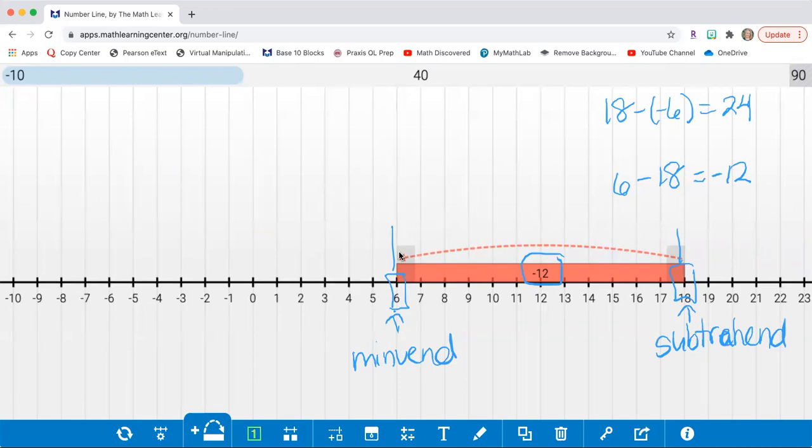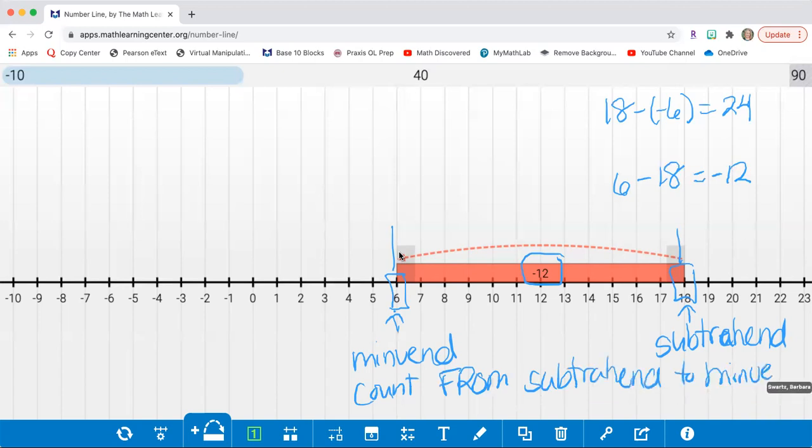So we count from the subtrahend to the minuend. We counted from 18 to 6, and that led us counting back. So that's why we result in this negative difference.